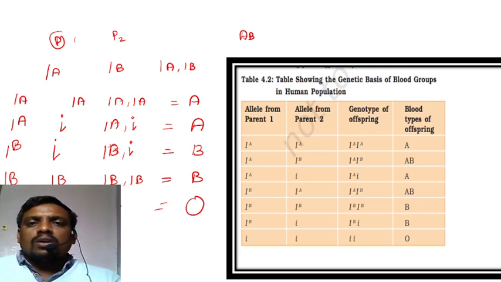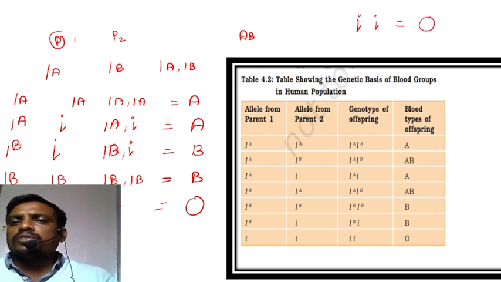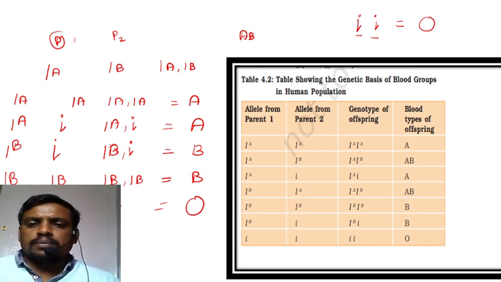Because both are recessive in nature, which results in the formation of the new blood group called O. Small i will not produce any sugar polymers, hence they are recessive for O group blood.